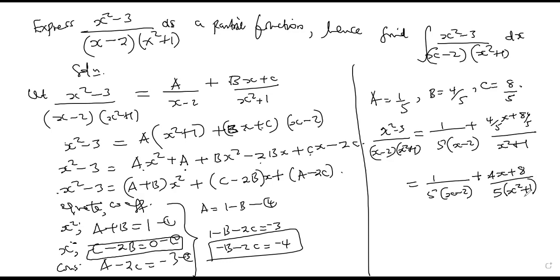All right, one can write it like that, or else one can factorize further and say 1 over 5 into x minus 2, plus 4 into x plus 2 over 5 into x squared plus 1.